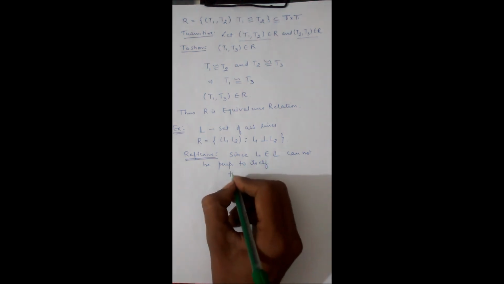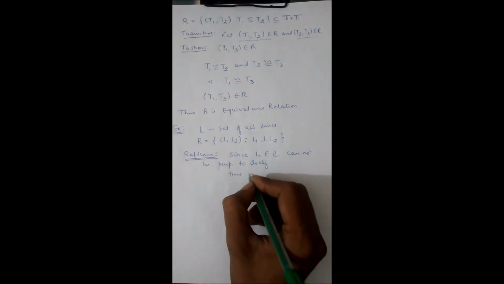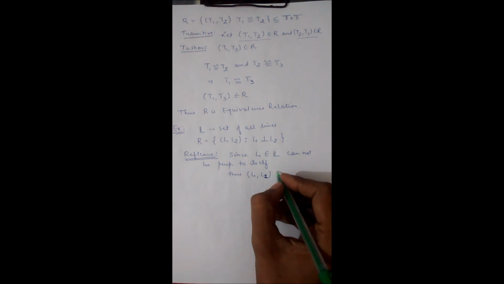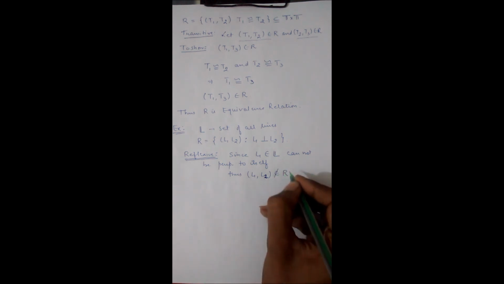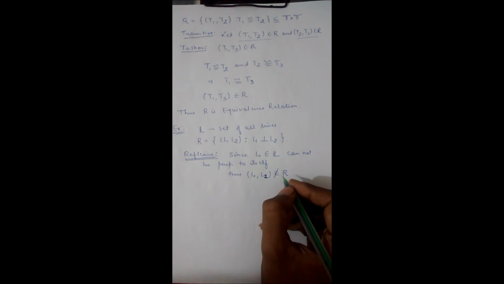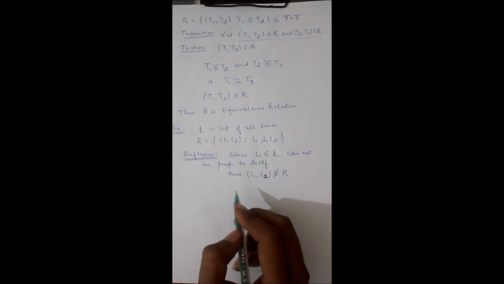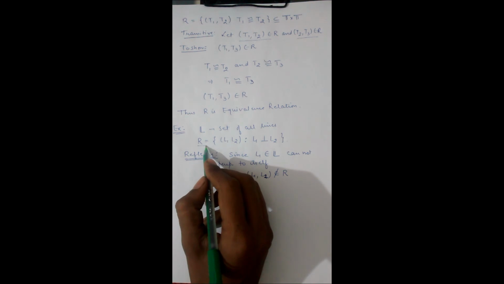Thus, what does this represent? That the ordered pair (L1, L1) does not belong to my relation R. This implies that relation R is not reflexive. So if it is not reflexive, then how can it be an equivalence relation? So we drop the idea of R being an equivalence relation. R is not an equivalence relation here.